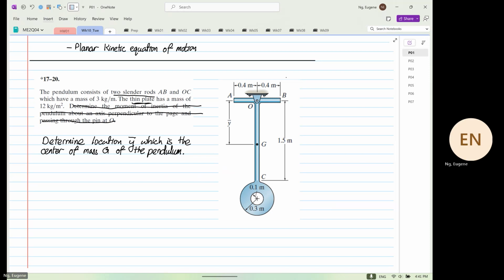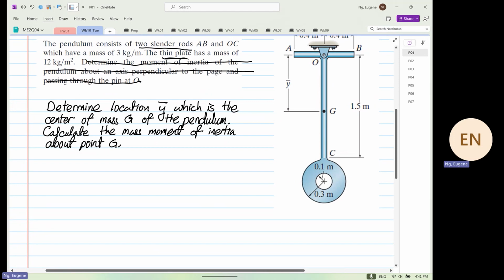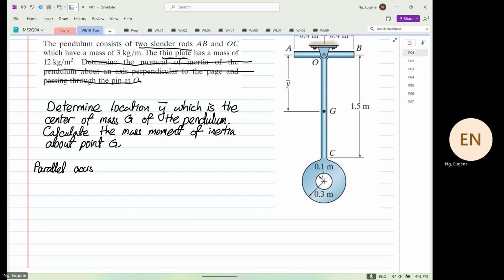Then after that, we are going to calculate the mass moment of inertia about point G. The formula that we're going to use is the parallel axis theorem, which states that I is equal to Ig plus m d squared.